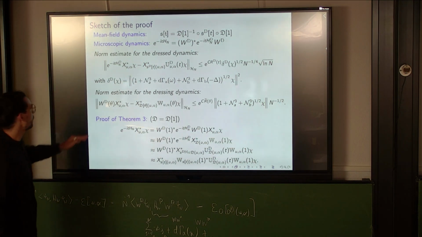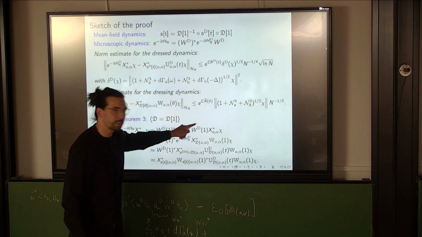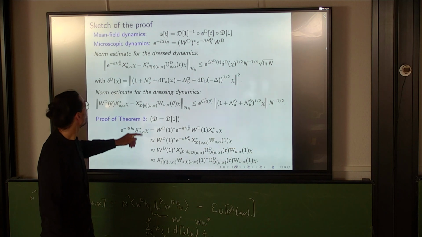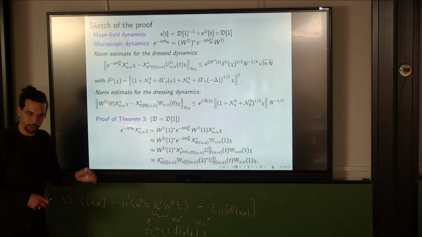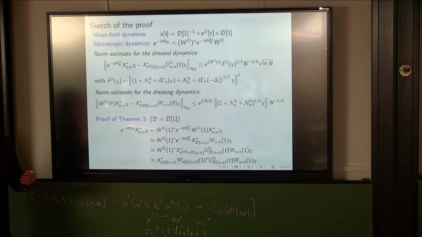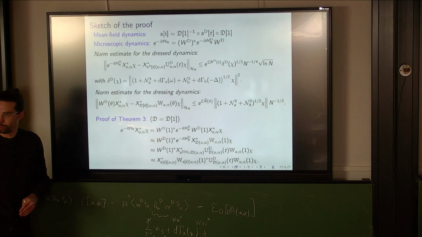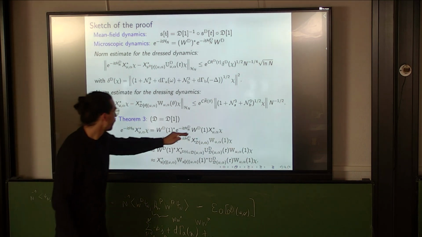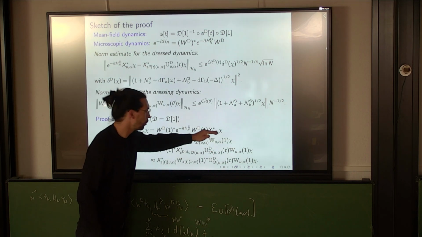Then we can use the second theorem to approximate this dressing here. And here it's called VD of 1, because we have this dressing evolution which coincides with the Gross transform if theta is equal to 1. And then we can approximate the stressing evolution by the corresponding Bogoliubov evolution.